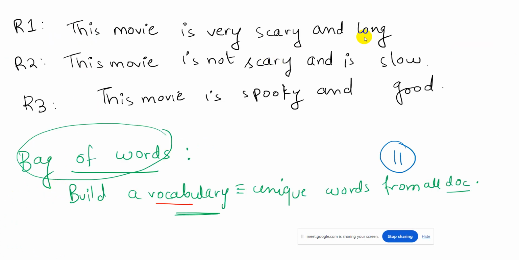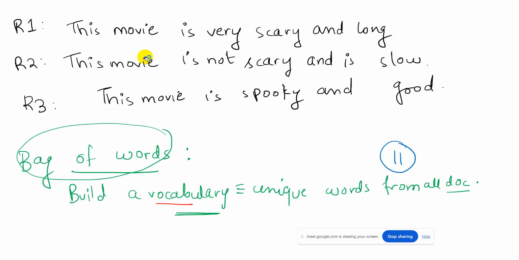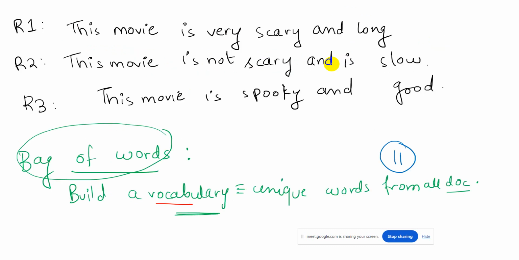This movie is very scary and long. In place of these, you put 1 because they appeared in the first review. Movie, what will we write, 1 or 0? 1. Very, scary and long, till this point you write 1. Did the word not appear in the first review?